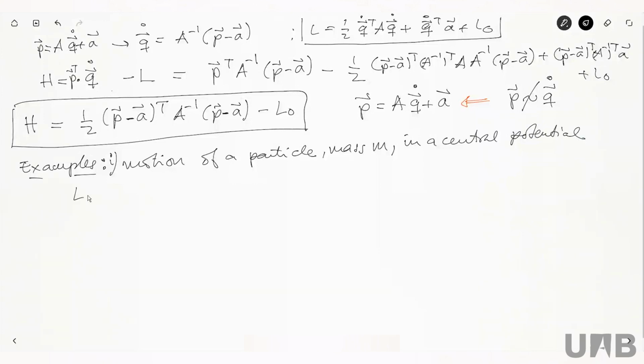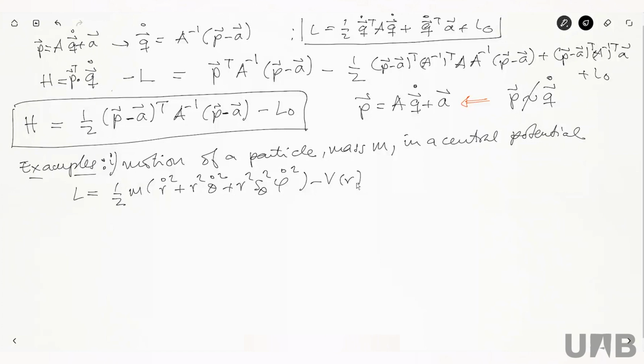Okay, so we already know that the Lagrangian is 1/2 m times r dot squared plus r squared theta dot squared plus r squared sine squared theta phi dot squared, minus the potential, in spherical coordinates.